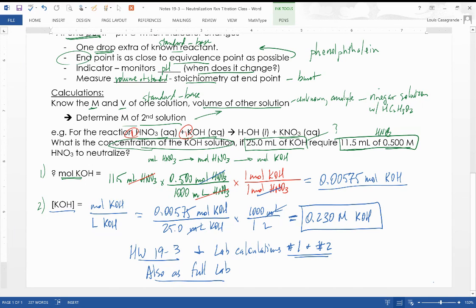So please don't forget to hand in those calculations as part of the full lab.